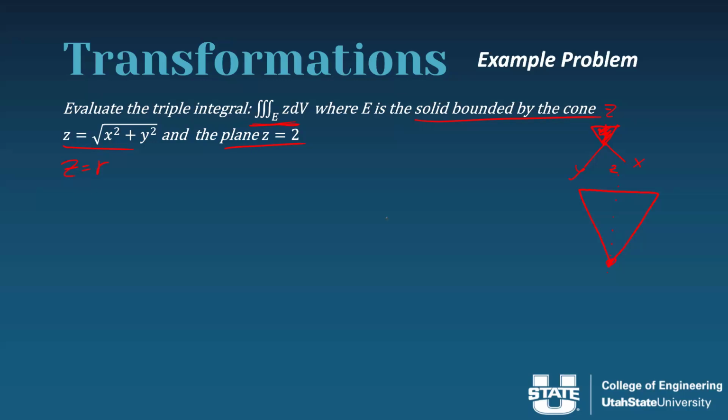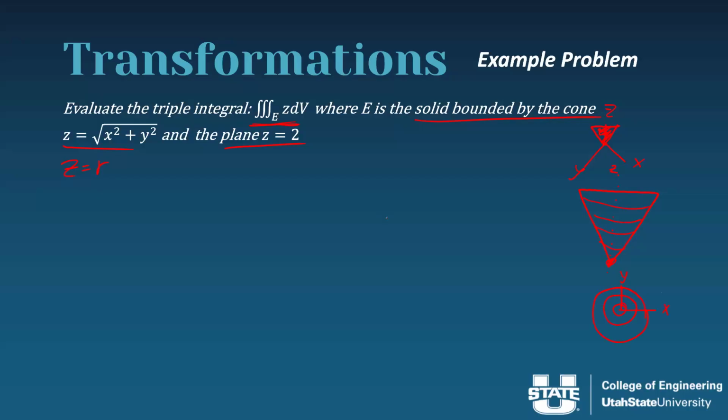This is a circle basically going all the way up. If we were to look down on this in the xy plane, if this is our x and this is our y, it would just look like a circle. But it's not turning in the z direction, it's just going straight up.